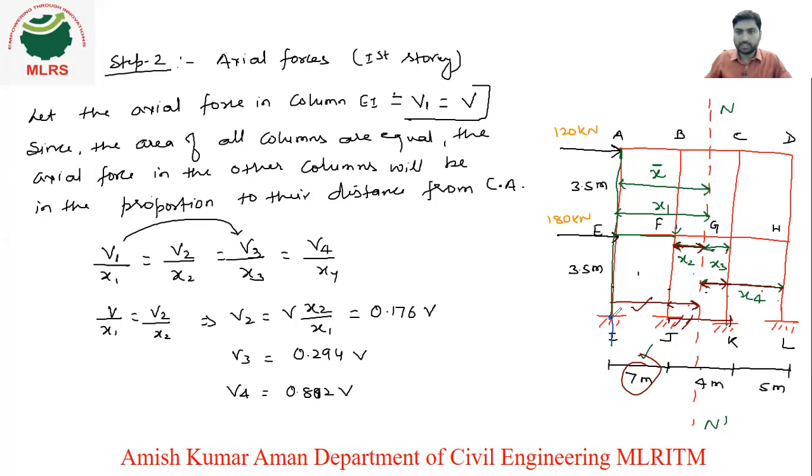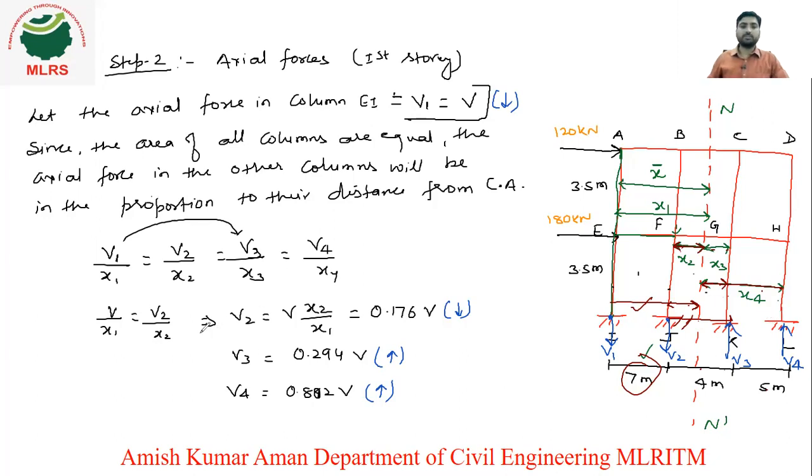Suppose at this point the axial force V1 is in the downward direction, V2 also in the downward direction, then automatically V3 and V4 will be in the upward direction, just to counterbalance. Two axial forces are downward, to the left of the centroidal axis, and two on the right are in the upward direction, right?